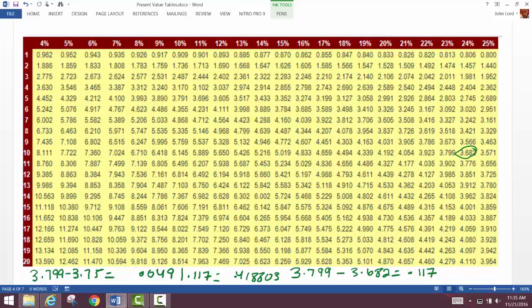Which is a 1% difference. So if I take that 0.41 and multiply it times 1%, I'm dealing with 0.4188%, or 0.004188.